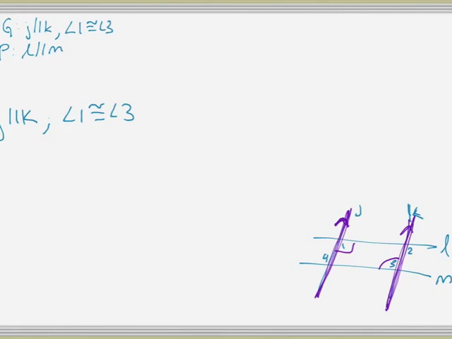Now I'm going to want to say something about either angle 1 or angle 3, since I am given information already about 1 and 3. So if I go with angle 1, what could I say about angle 1? I need to say angle 1 is the same size as something. What can I say is the same size as? 2. 4.